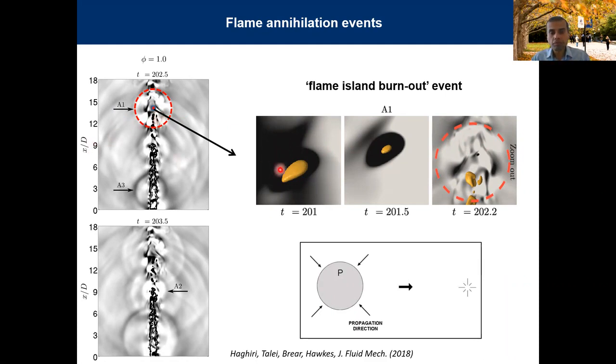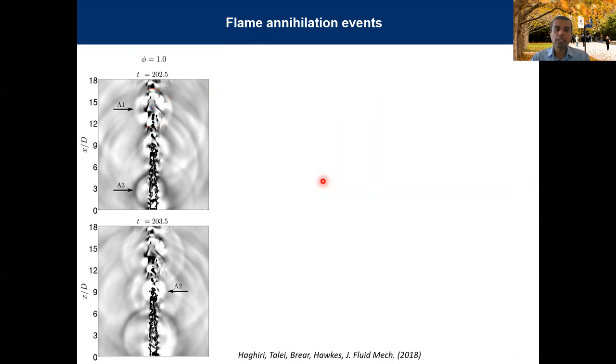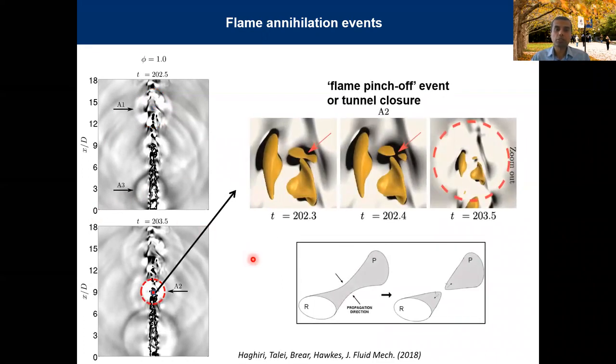What we see here is the zoomed-in version of the dilatation, superimposed by the flame isosurface. This is basically a pocket burnout, similar to what we saw for the 2D flame. It's not spherically symmetric, but it's the same thing in terms of how it occurs, all right? The second event I'm going to show you is A2.